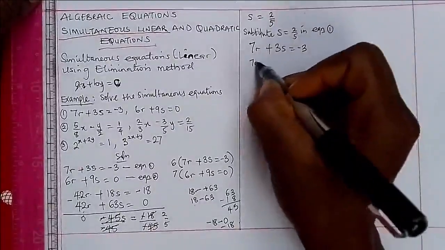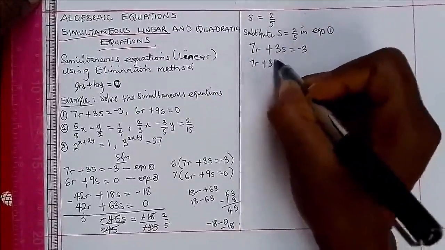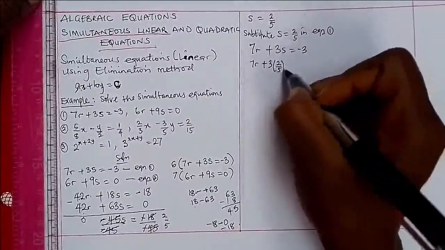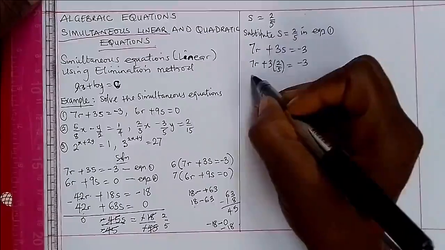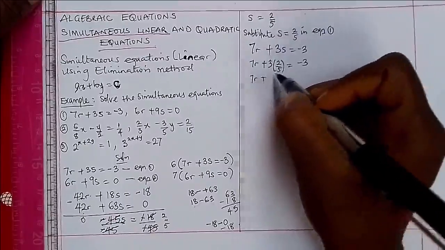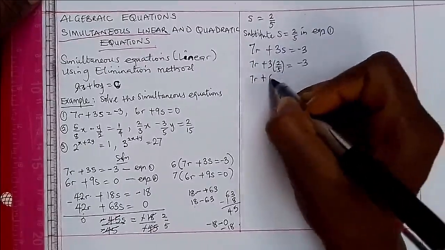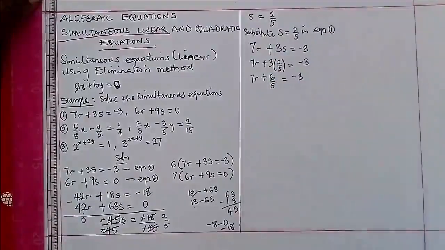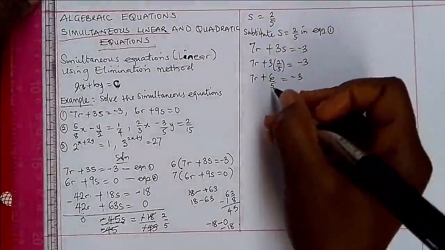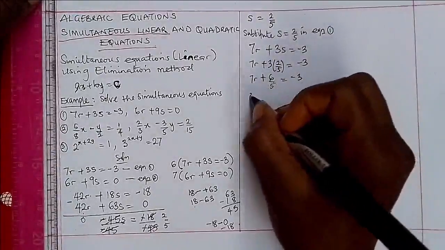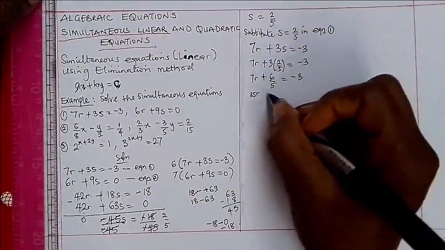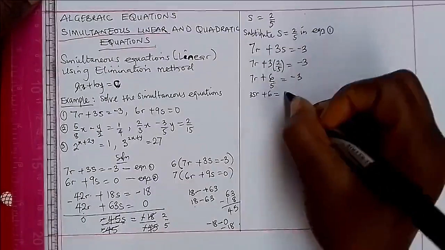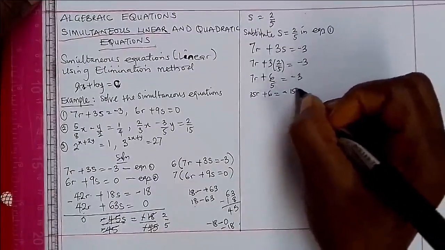So we have 7r plus 3 times 2 over 5, which is 6 over 5, equal to minus 3. Let's multiply through by 5. So this becomes 35r plus 6 is equal to minus 15.